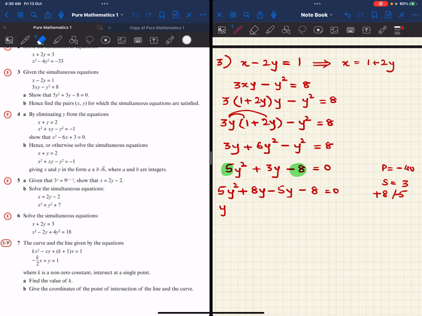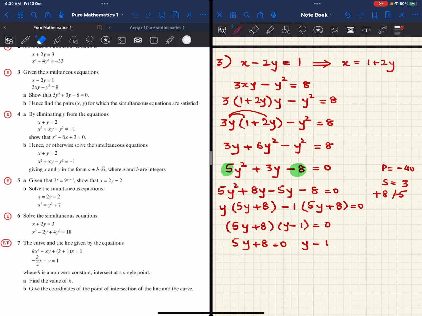Taking y common, we have y into 5y plus 8. Taking negative 1 common, we have minus 1 into 5y plus 8 is equal to 0. Therefore, our brackets are 5y plus 8 into y minus 1 is equal to 0. Therefore, 5y plus 8 is equal to 0, y minus 1 is equal to 0. Therefore, y is equal to minus 8 by 5 and y is equal to 1.